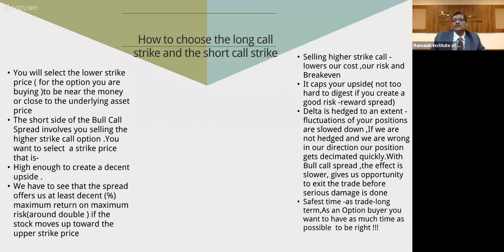You can also exit in the long call, but the decline is so fast that sometimes it creates a panicky situation, and you may not be able to manage it unless you're an advanced or serious trader. So before serious damage is done, we can exit the trade, and that's the advantage of the bull call spread.